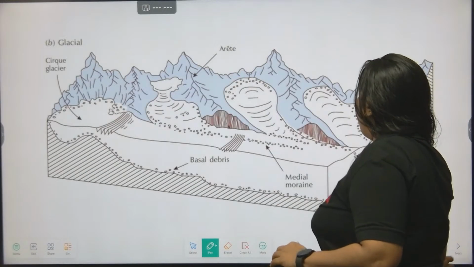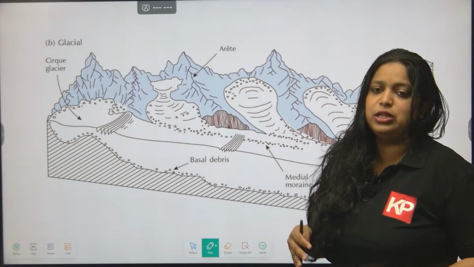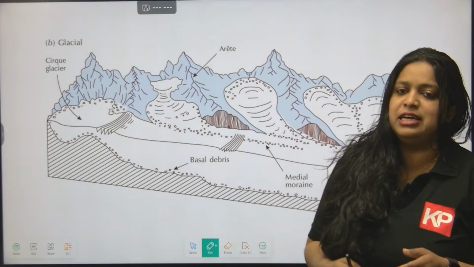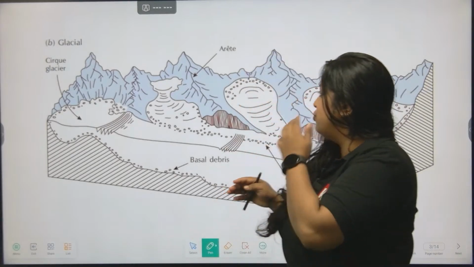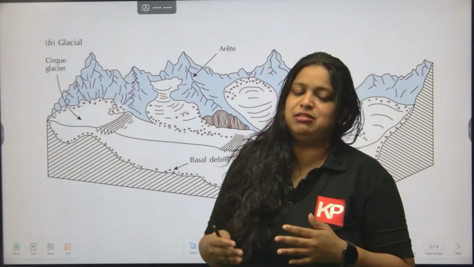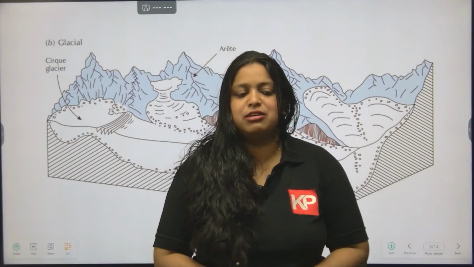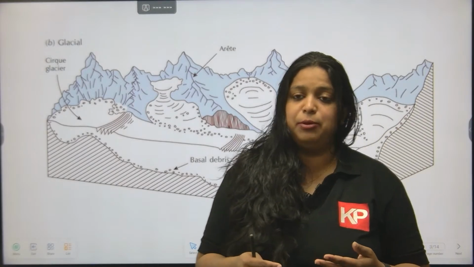But when it comes to glaciation, you can see that a huge change has happened to the entire terrain. This huge change is because of the erosional and depositional activities taking place by the glacier.